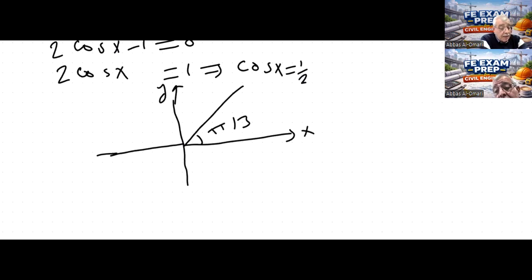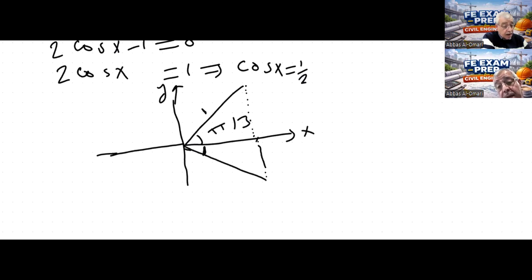And there is the other angle. The definition of cosine is the x coordinate of the unit circle, and the radius is always 1. Now, there's another angle with the same cosine, if we reflect the pi over 3 here, in the fourth quadrant.